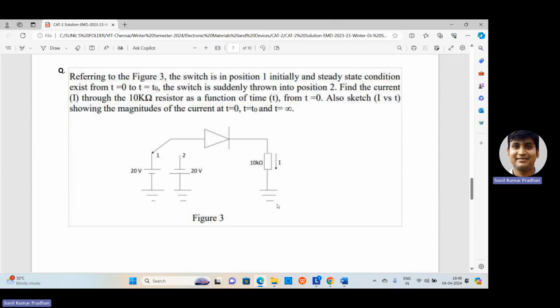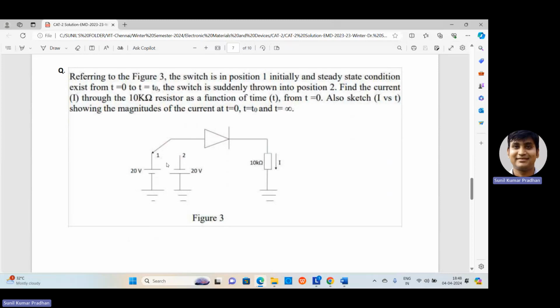So next question, let's say in this figure. If you can refer to this figure 3, the switch is in position 1. So initially the switch is in position 1, and the steady state condition exists from t is equal to 0 to t is equal to t naught.